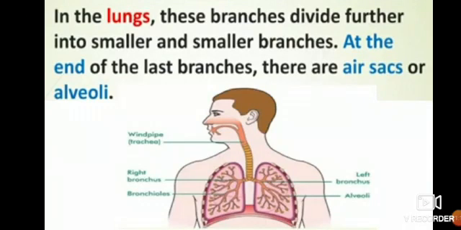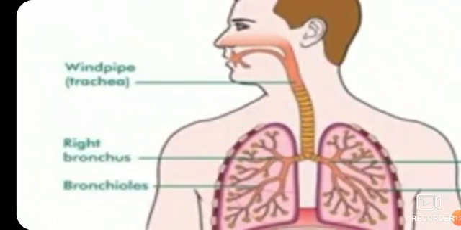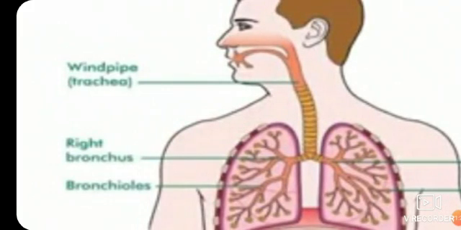So once the air reaches the trachea, what happens? This trachea takes the oxygen to its branches. Can you see these branches? And these branches are called bronchioles.